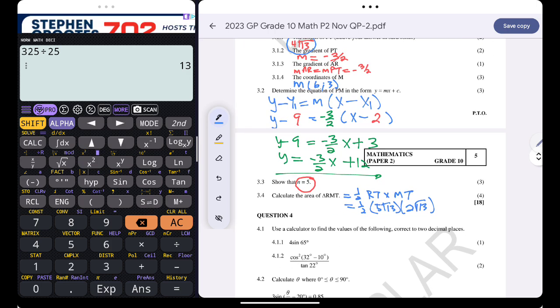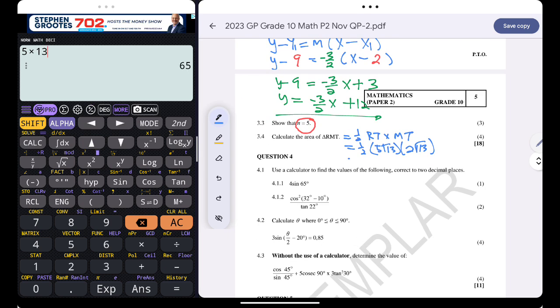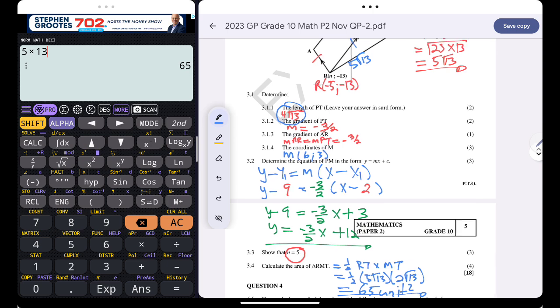And then when I punch my calculator, I believe I'll get 65 units squared.